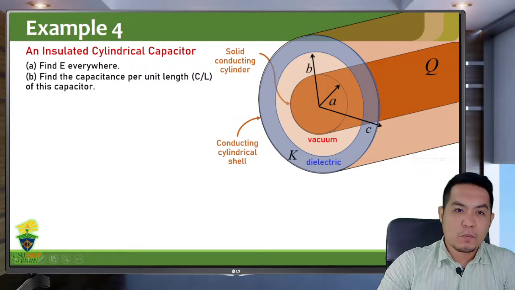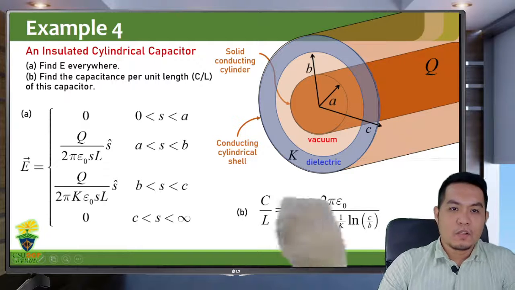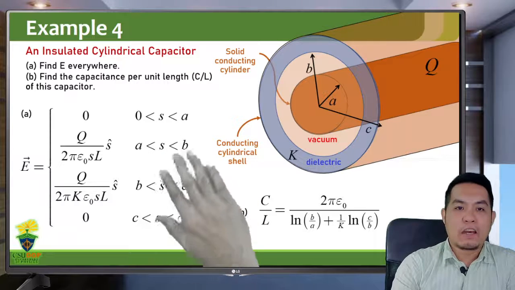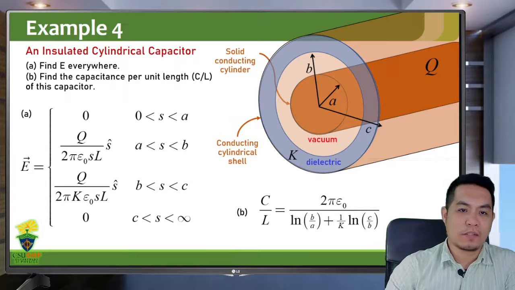So to summarize this problem, these are the results. For letter A, the electric field everywhere is 0 inside the solid conducting cylinder and outside of our capacitor.